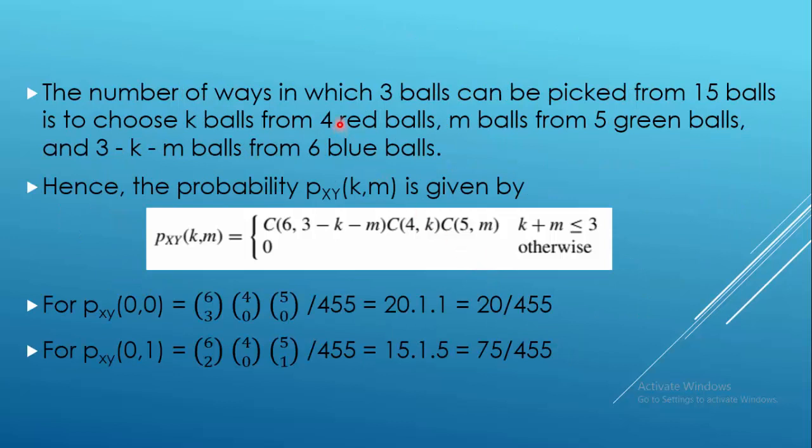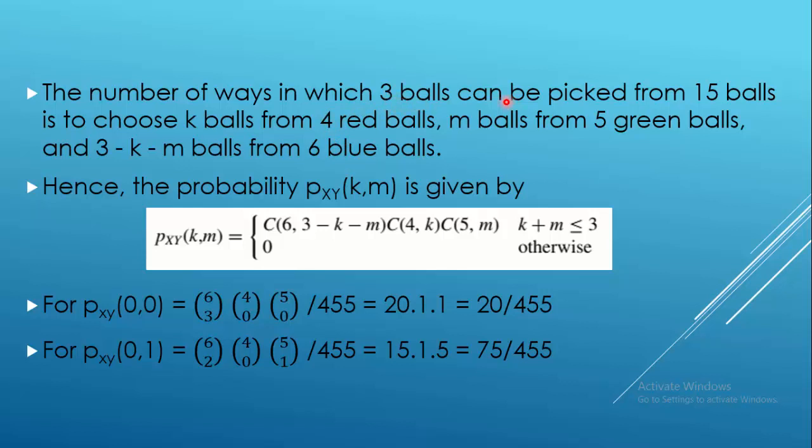So the number of ways in which 3 balls can be picked from 15 balls is to choose k balls from 4 red balls, m balls from 5 green balls, and 3 minus k minus m balls from 6 blue balls. This is very simple because, as we have seen, we just multiply the number of ways for each color.